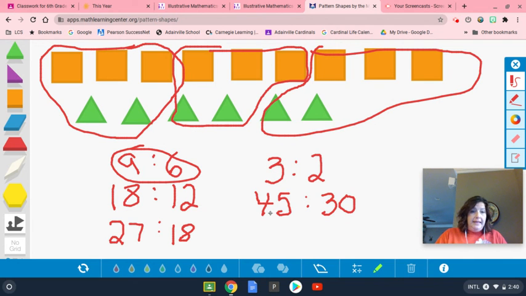And I can multiply any of these numbers by any multiplier. So I'm going to take the 3 and 2, and I'm going to multiply both of those by 5. Which means I take the smaller portion, I have 5 of those. So there's another equivalent ratio. So remember, equivalent ratios are made by multiplying both numbers by the same thing or dividing both numbers by the same thing.